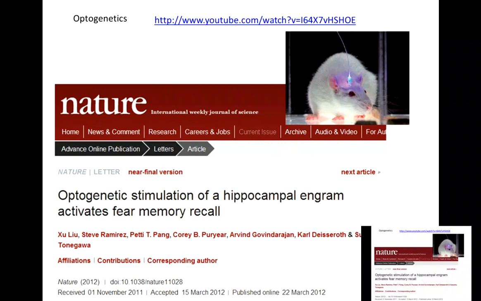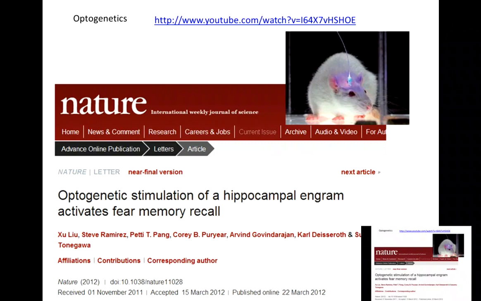Because of the study of long-term potentiation and many other neurological pathways, we're actually getting a lot closer to understanding how memories form and how to access memories.